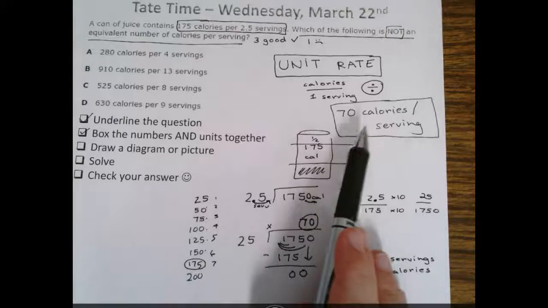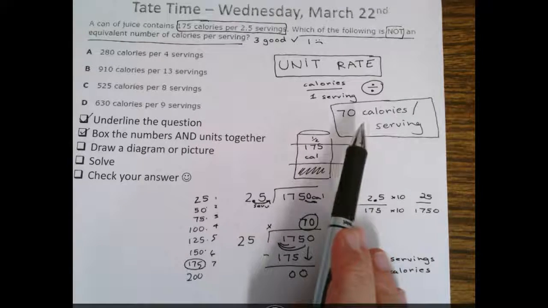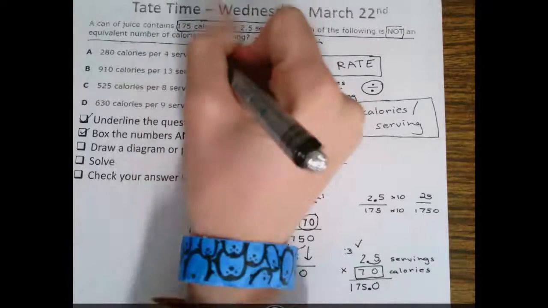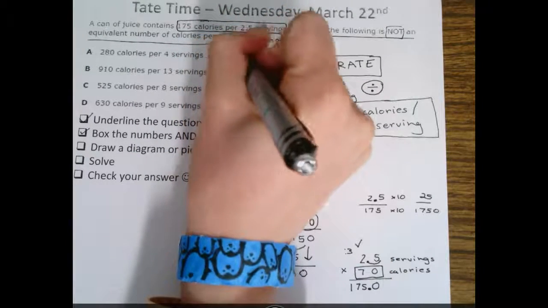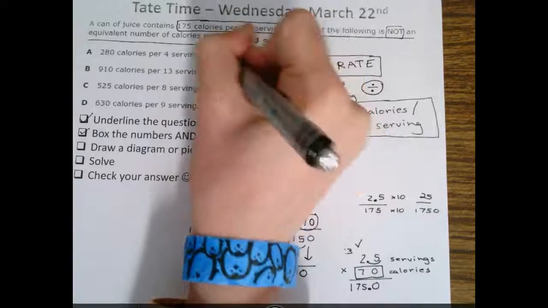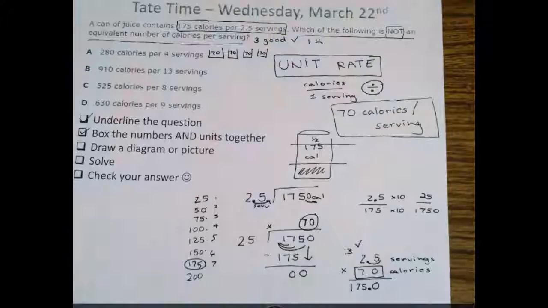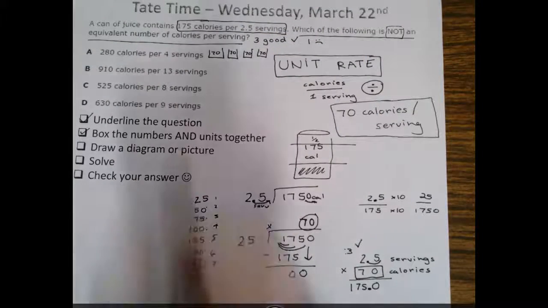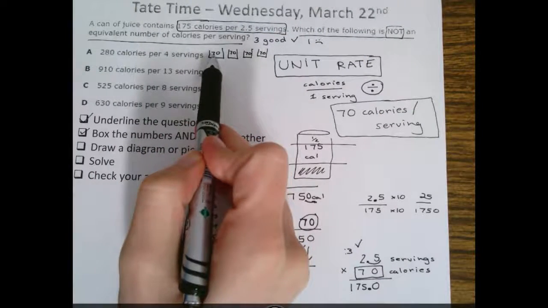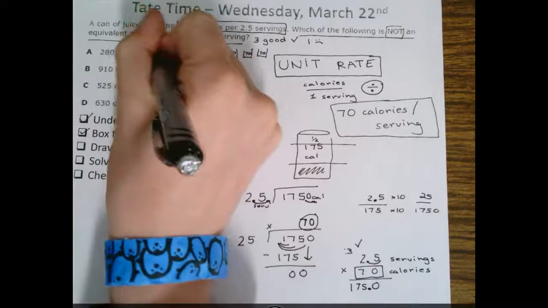So this means that 70 is for every serving. So if I have 4 servings, 1, 2, 3, 4, I'm going to have 70, 70, 70, 70. So I'm going to have 70 in each. So 4 times 7 is 28, but it's 10 times bigger, so that should be 280.